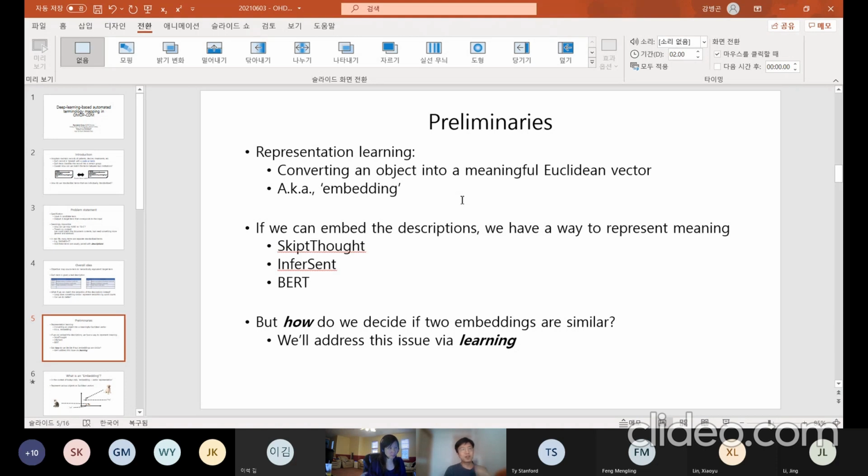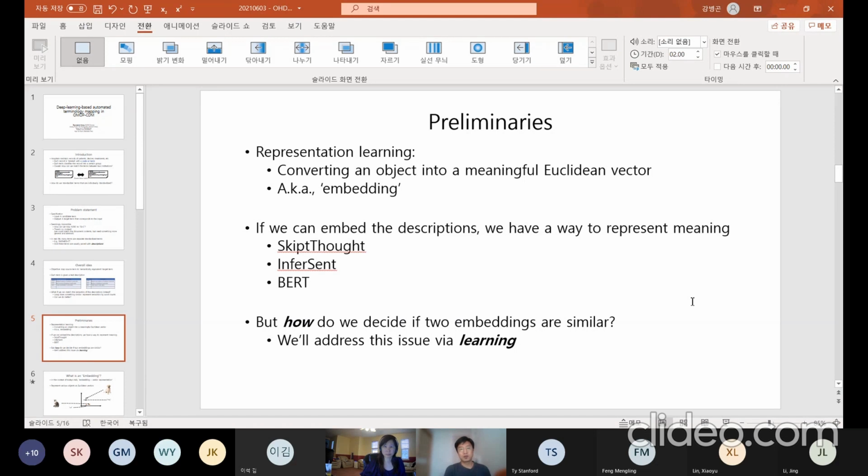The basic idea of our approach is to represent the description text as a semantically meaningful Euclidean vector. In other words, we want to embed these description texts. There are many well-known algorithms that can do that: Skip-Thought, and BERT is also gaining a lot of popularity nowadays.